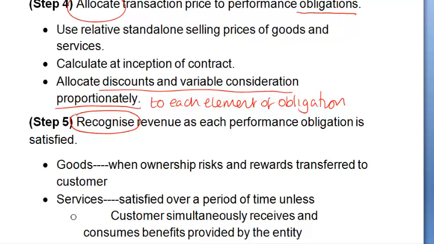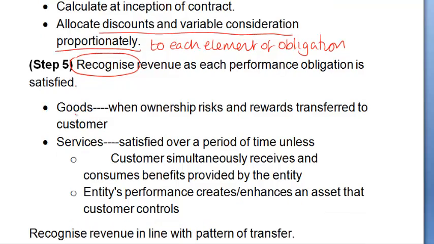Now there's two things that we can deliver. We can deliver goods, and with goods, it's where the ownership, risks and rewards are transferred to the customer. So I've just ordered my car. I've paid a deposit on my car, when can the car dealership recognise the revenue? I paid a 25% deposit.